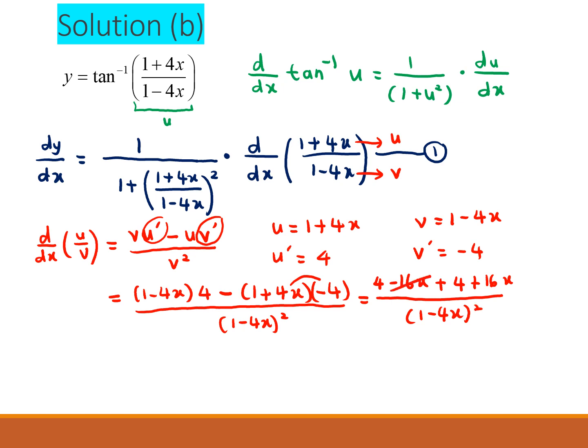So this will be 0. So the final answer of this derivative will be 8 over (1 minus 4x) squared.